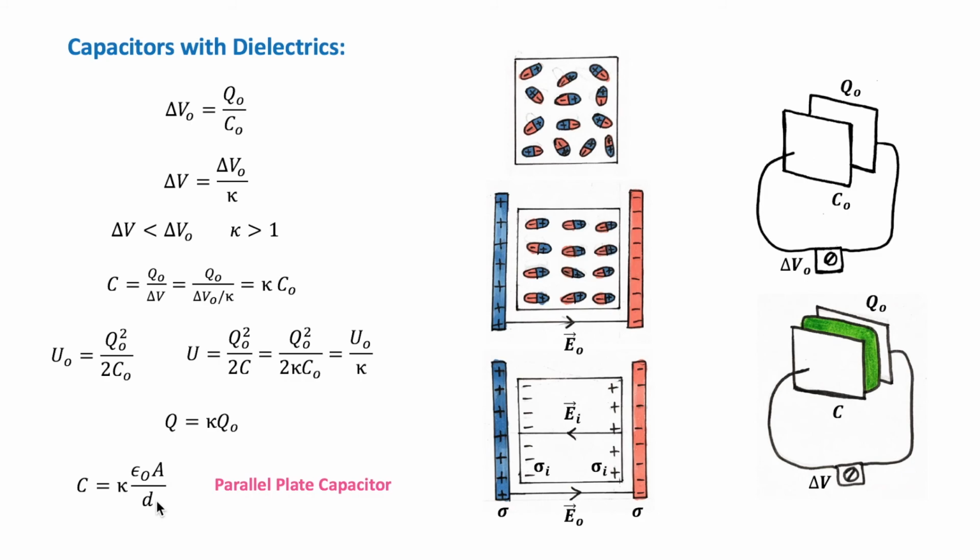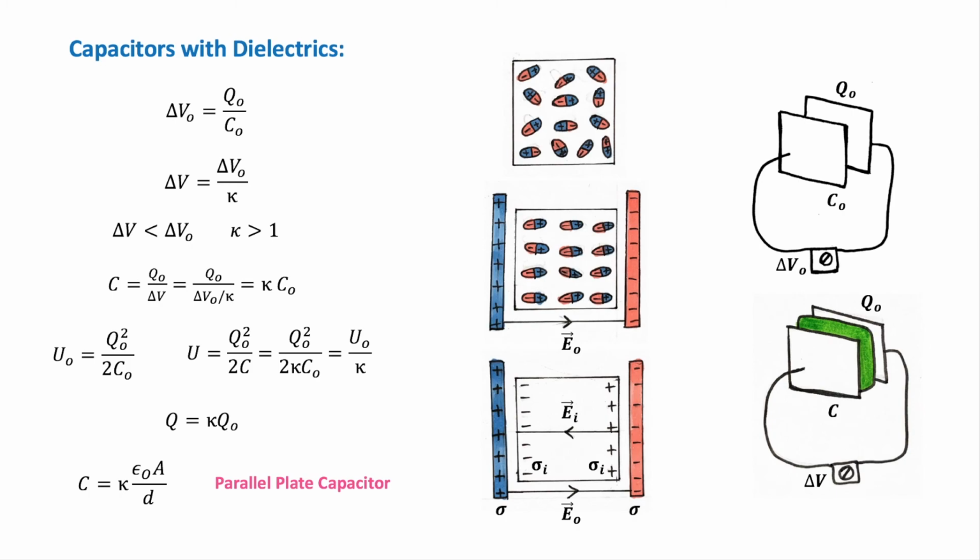So this maximum electric field of a dielectric is known as the dielectric strength, and for dry air it is given by 3 times 10 to the power 6 volt per meter, okay? And most insulators have dielectric strengths greater than that of air.